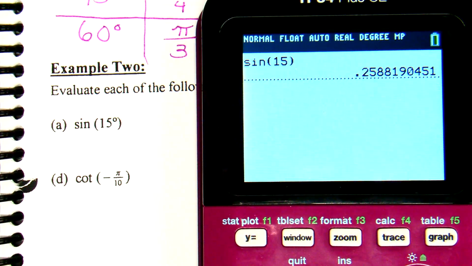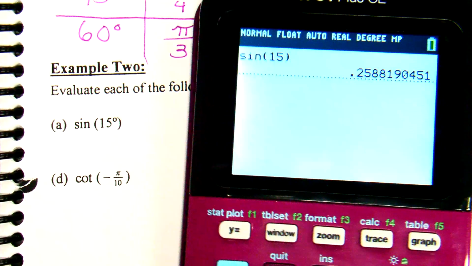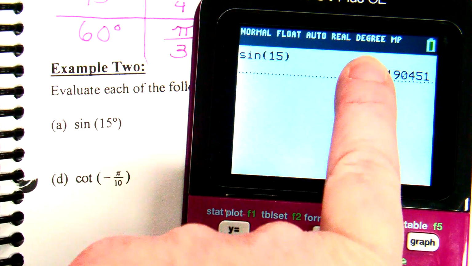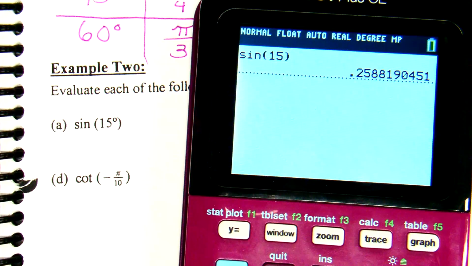Did you just type in a degrees or a radians angle? It said 15 degrees. Notice, my calculator tells me up front, and I'll make sure everyone knows how. Does your calculator say degrees up there? If it says degrees up there, you should have gotten the same answer. If it says radians up there, that's why you're wrong.